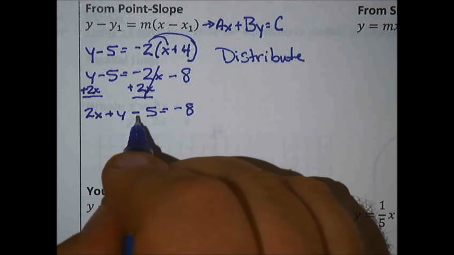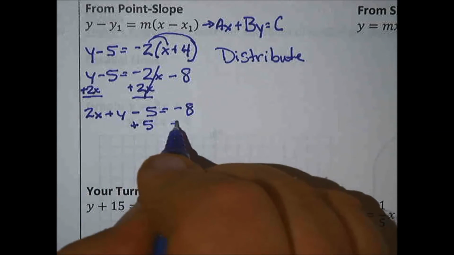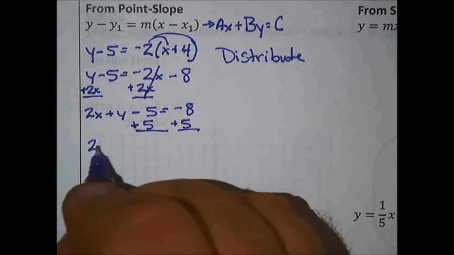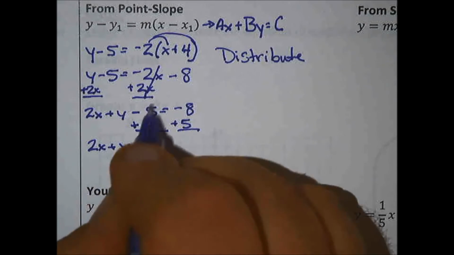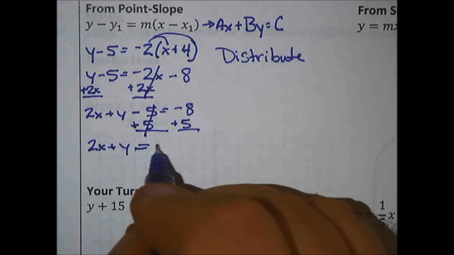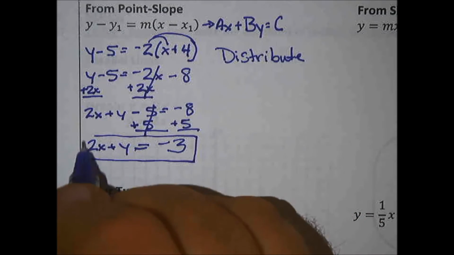Now all I have to do is bring the negative 5 over by adding 5. So I'll get 2x plus y. Those cancel. So we have equals a negative 3. And that'll be my answer.